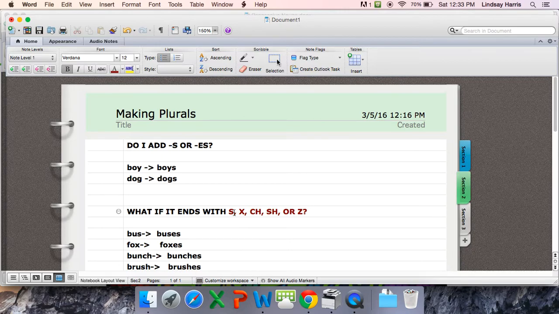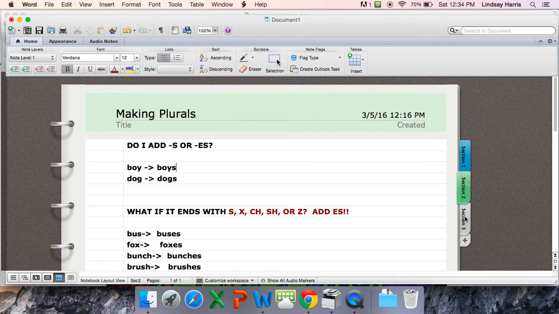So if a word ends with s, x, ch, sh, or z in its singular form, so we're just talking about one of them, in order to make it plural, we add es. Okay, so I'm going to add my rule here. Add es. If it doesn't end with one of these letters, then I know I'm usually okay to just add s, like we did with boy and dog.